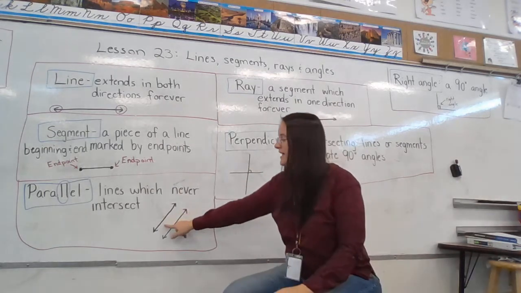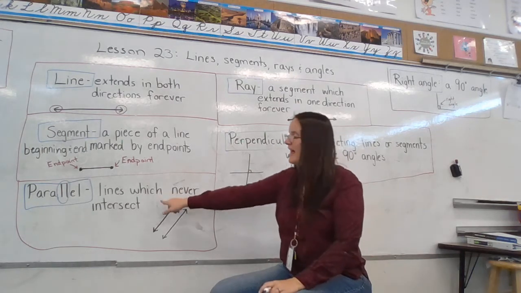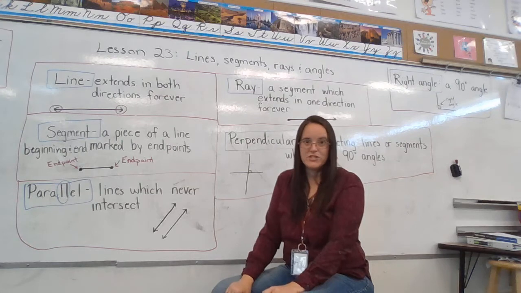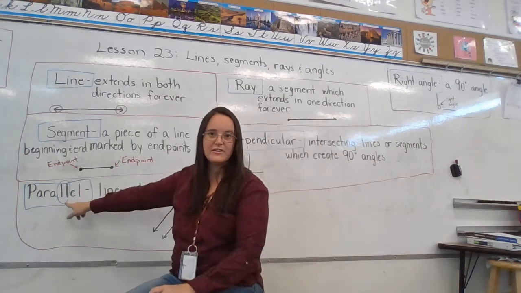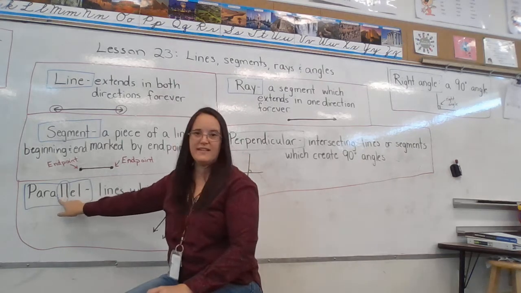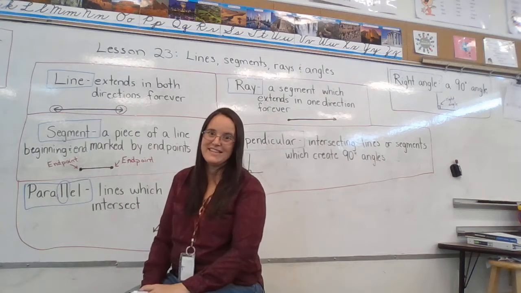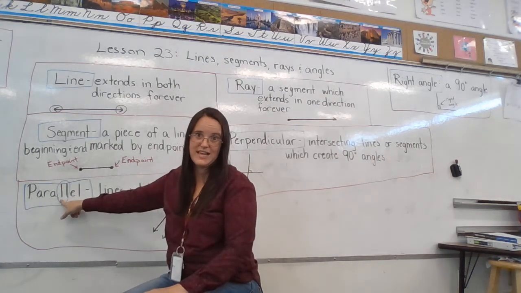So these two lines go forever and ever and ever, and they will never cross. That makes them parallel. One little trick I use to help my students remember parallel is if you spell parallel over here, notice the two L's. Those two L's are parallel line segments. So that can help you remember what parallel looks like.